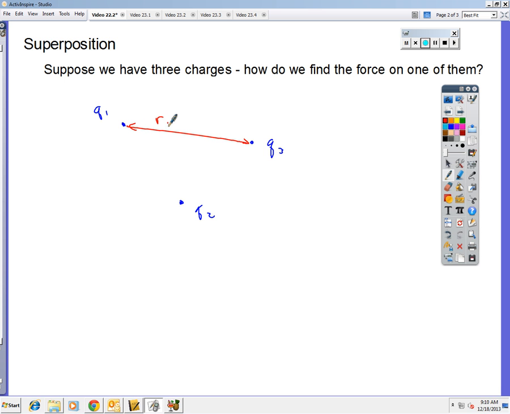We'll call this distance here R13, this distance R12, and this distance R23. If we want to find the force on Q3, all we have to do is find the force from Q1 and the force from Q2, and then add them together.